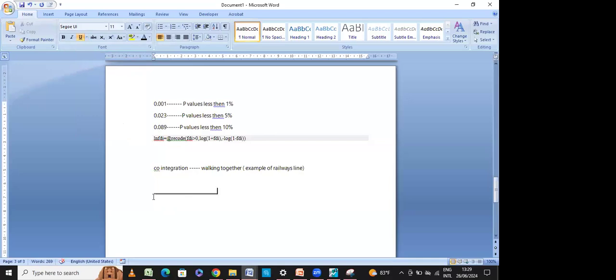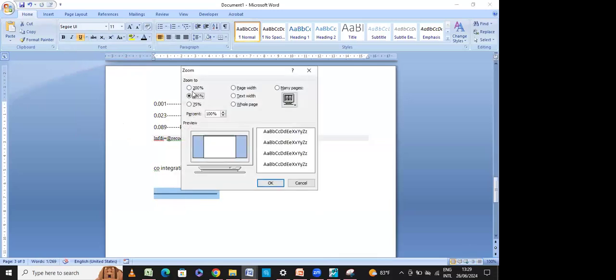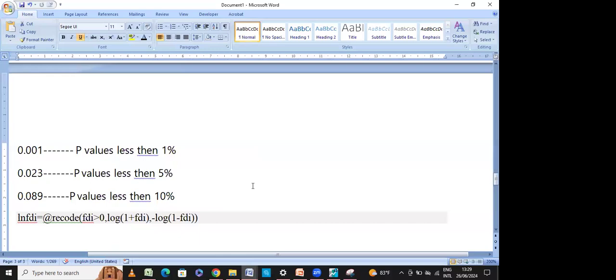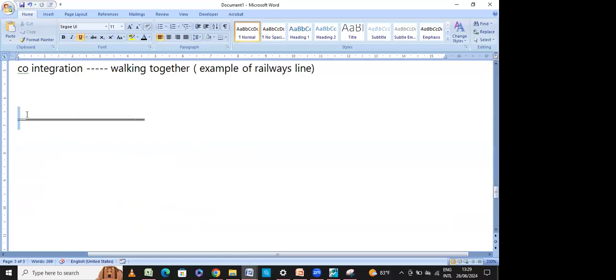See, if I say I have a few variables A, B, C, D, and those variables are walking with each other in a long run, you can see here I just drew some lines. See, these lines are just like railway lines, parallel.